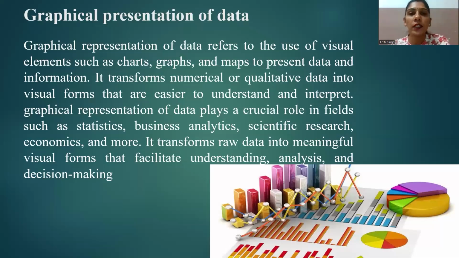When we collect data through a primary source or a secondary source, we convert that data into numerical or categorical data. After that, we convert that numerical or categorical data into visual format, into graphs and charts.